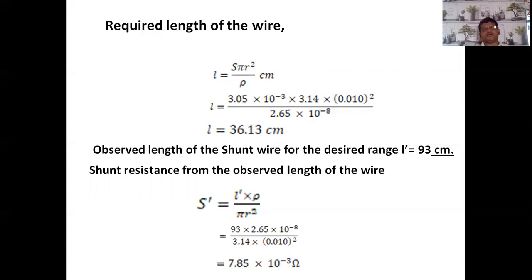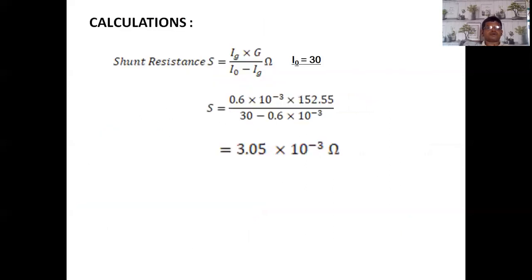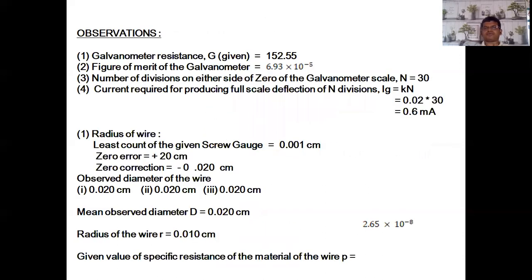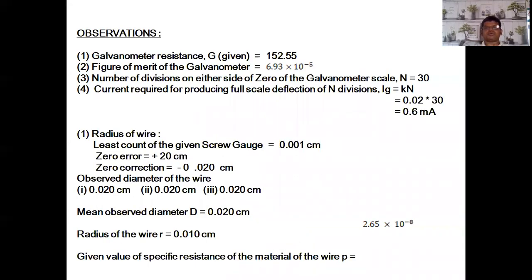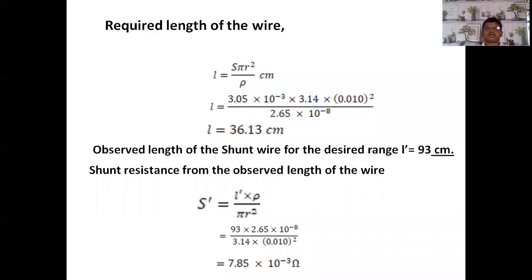The S value is coming from the sum, and we put here 3.05 multiplied by 10 raised to minus 3 power, pi is 3.14, R is coming again from the observation, it is 0.010, squared, divided by the density of the wire, which is 2.65 multiplied by 10 raised to minus 8 power. After solving the equation, we find the answer 36.13. So it is the theoretical length.